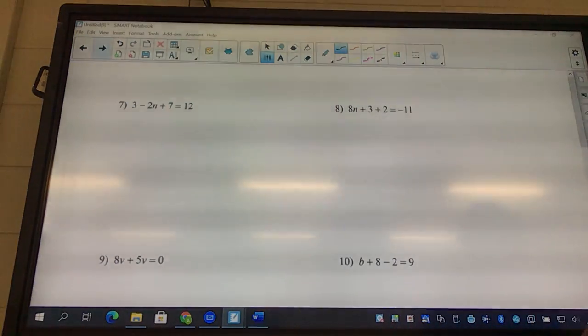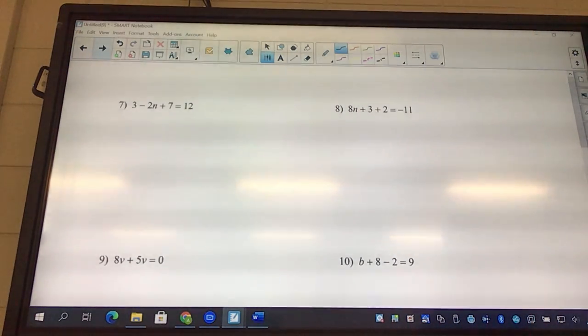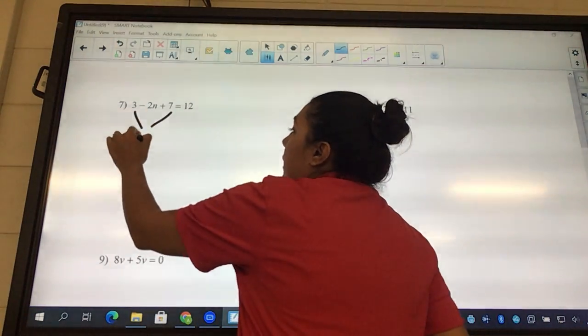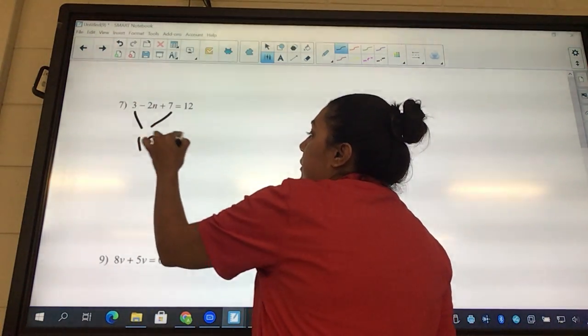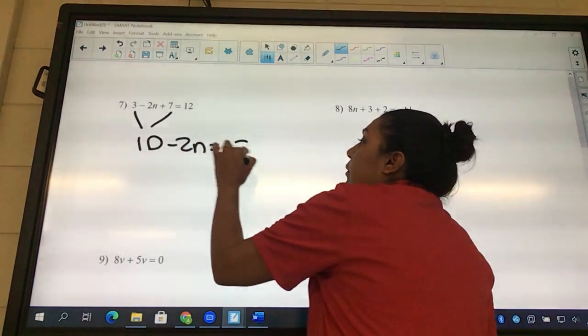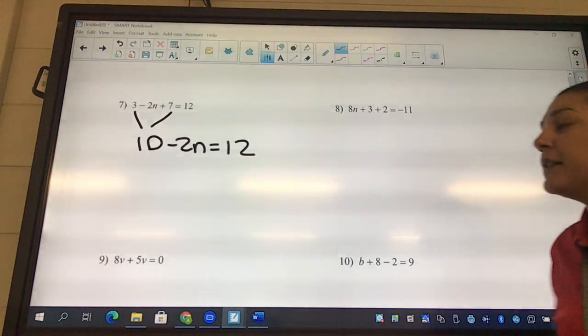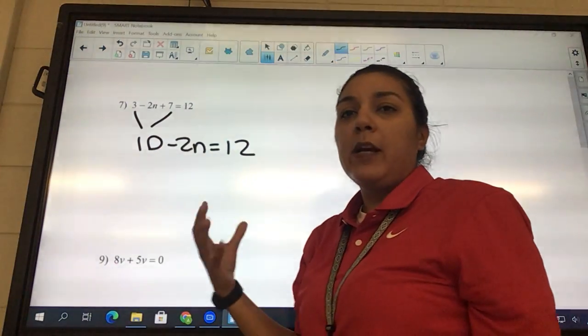Okay, 7. What can we combine? I can combine this 3 and this 7 to give me a 10, and I still have this -2n equals 12. We need to add or subtract the kid, and in this case the kid is 10. What kind of 10 is this?